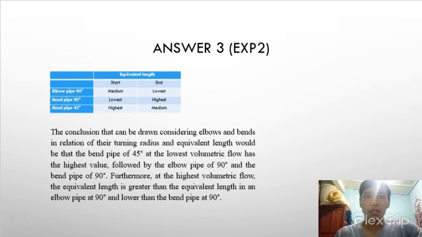The conclusion that can be drawn considering elbows and bends, in relation to their turning radius and equivalent length, is that the bend pipe of 45 degree at the lowest volumetric flow has the highest value, followed by the elbow pipe of 90 degree and the bend pipe of 90 degree. Furthermore, at the highest volumetric flow, the equivalent length is greater than the equivalent length in an elbow pipe at 90 degree and lower than the bend pipe at 90 degree.